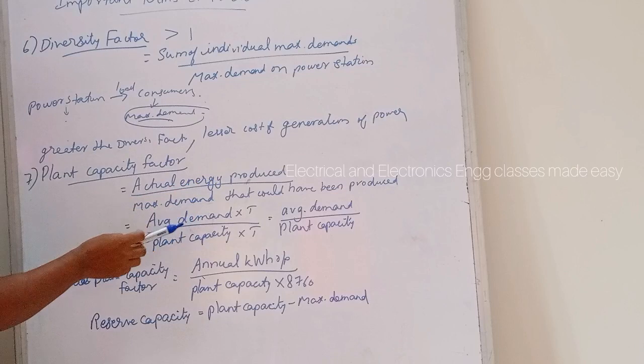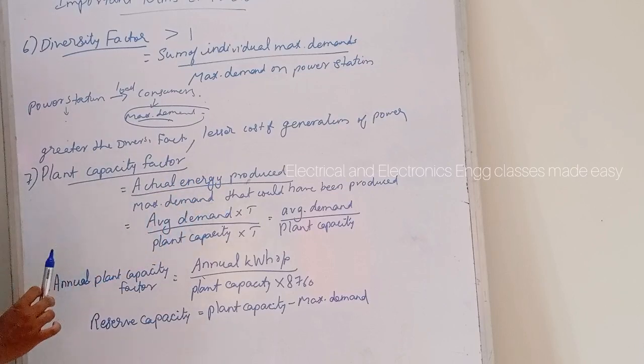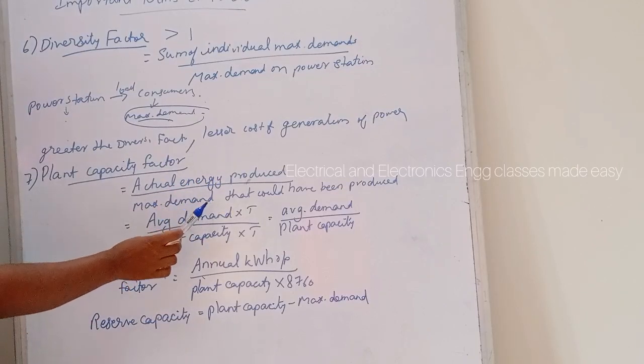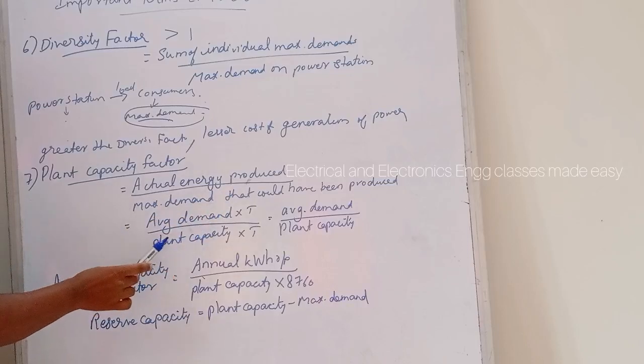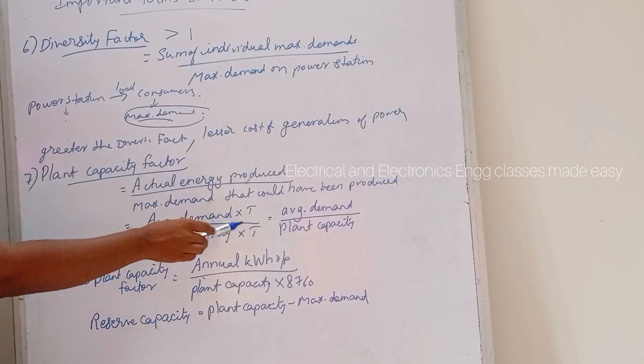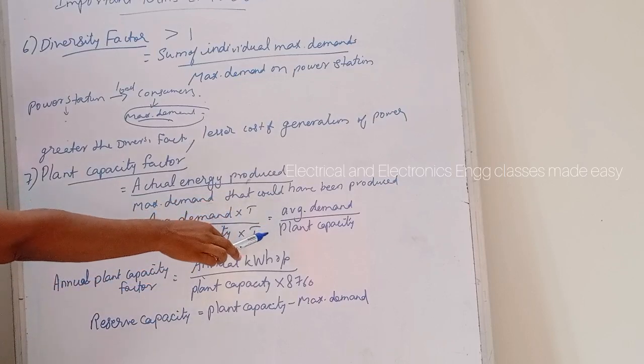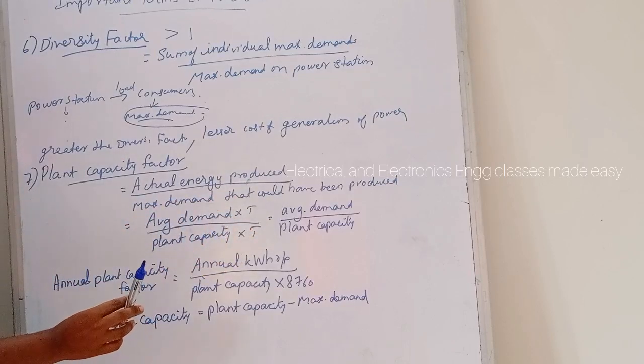So actual energy produced is average demand into time period, and maximum energy possible is planned capacity into time period. So we can write average demand divided by planned capacity.